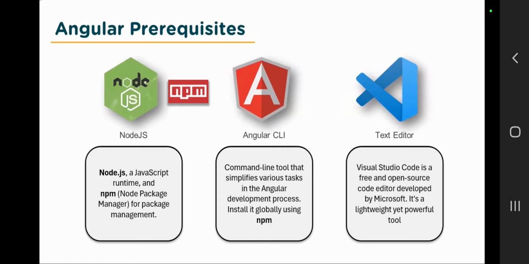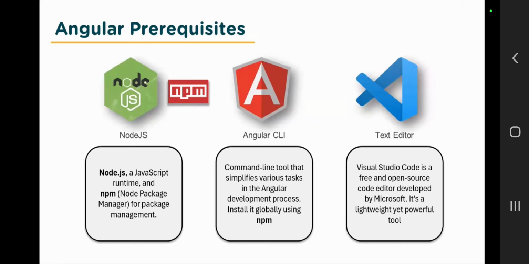Next, Angular CLI, command line interface. If we use an IDE, we can create files and directories, anything. But with the help of the CLI also, we can do the same. If I want to create any component, if I want to create a service file, if I want to run my application, if I want to create a new project, if I want to build the application, there is a set of commands, the Angular commands.